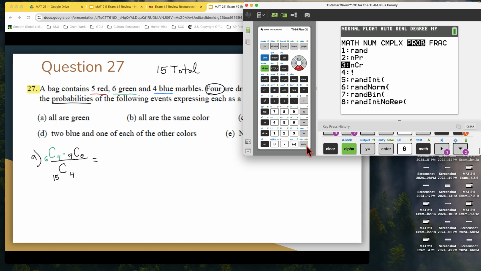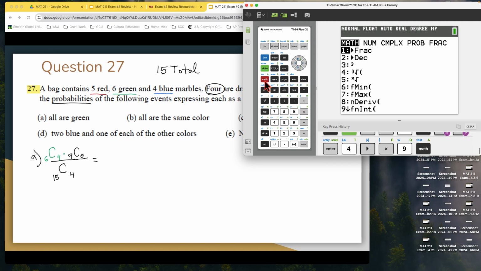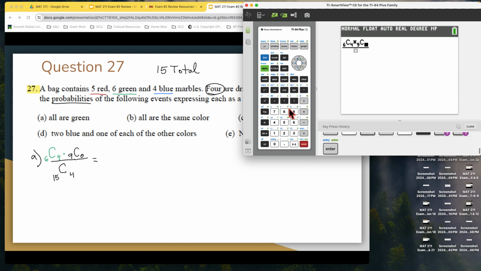Probability, choosing 4. Then I arrow up to get off the line and multiply by 9. I don't need to have this in here, but if I don't put it in there, you'll see there are times we need that.